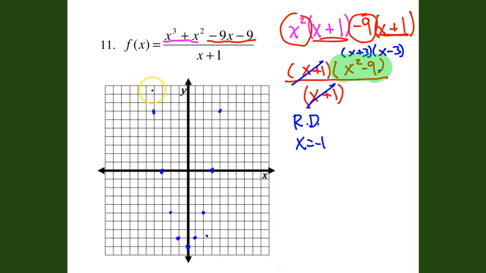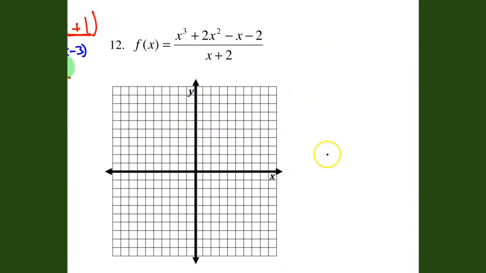There we go. So here's the parabola with the removable discontinuity at negative 1. So that'd be right here. It's x equals negative 1. Right there.